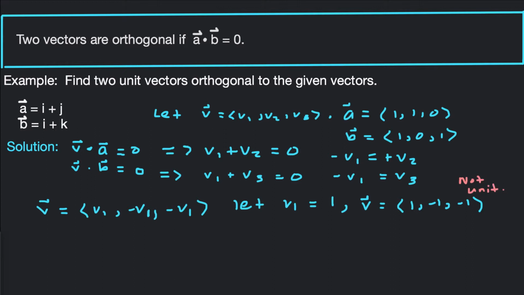To get it to be a unit vector, we just divide it by its magnitude. So we'll say u, unit vector number 1, is going to be v over its magnitude. And it's not too hard to see that the magnitude of v here is square root of 3. So magnitude of v is square root of 1 plus 1 plus 1, which is square root of 3.